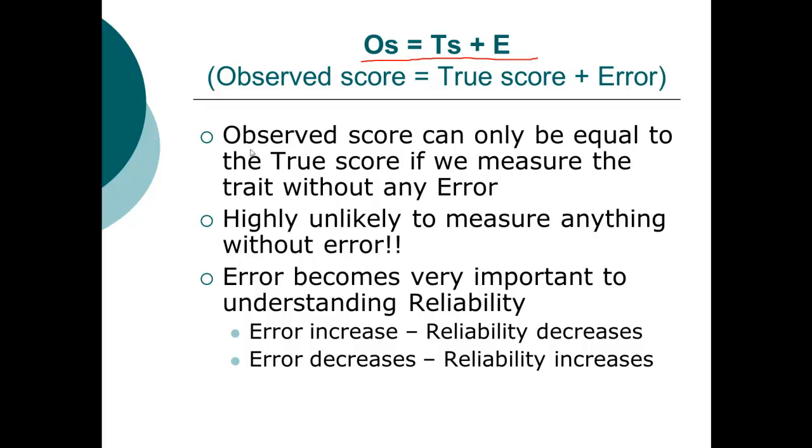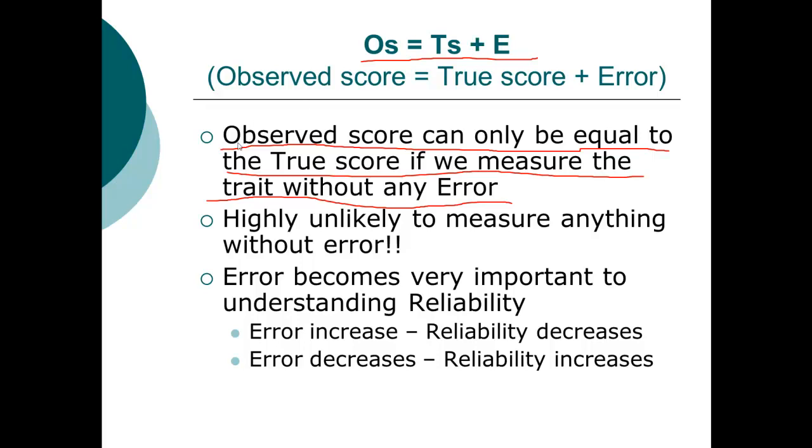Now, your observed score can only be equal to the true score if we measure the trait without any error. This is also sort of a theoretical thing here. There's nothing that you and I can put together that may not have some kind of error in it. We just don't live in a perfect world.